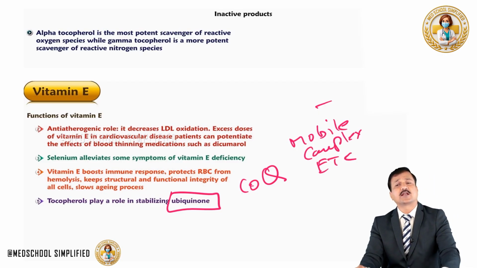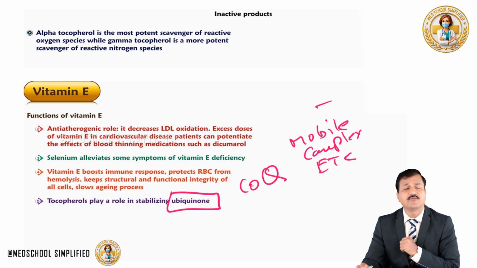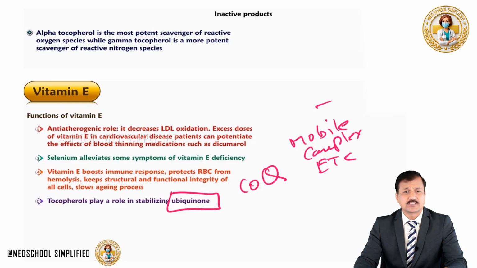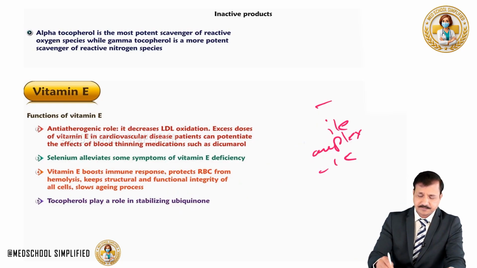So, ubiquinone is stabilized by a good concentration of alpha-tocopherol. And also vitamin E is helpful in transcription and maintenance of delta-amino levulinic acid synthase enzyme, and it will be helpful in the synthesis of hemoglobin. So, these are some of the functions of vitamin E here.